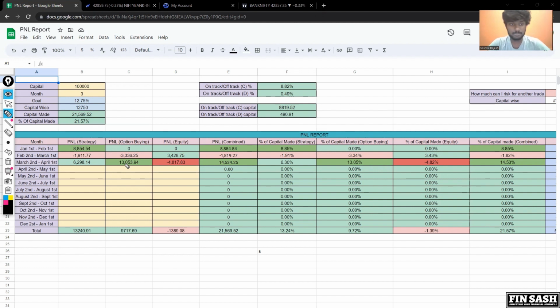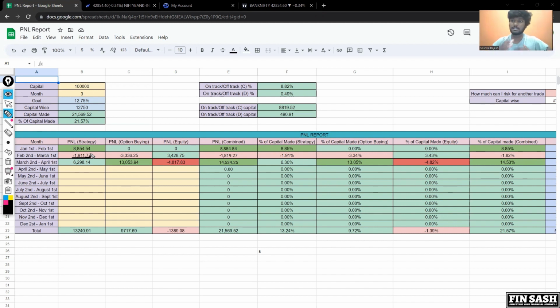The next month, I did lose 2% of my capital on the particular strategy. The only mistake I made is that after losing 2%, I still took an option buying trade. At least how I designed my system is that my fundamental trading strategy is the strategy I shared, and the money which comes after that, I'll use in riskier strategies like option buying and equity.